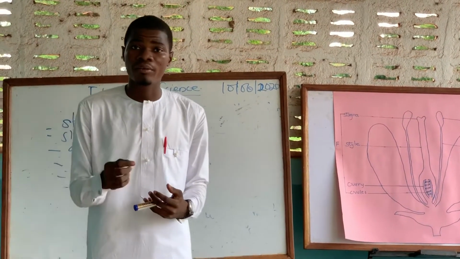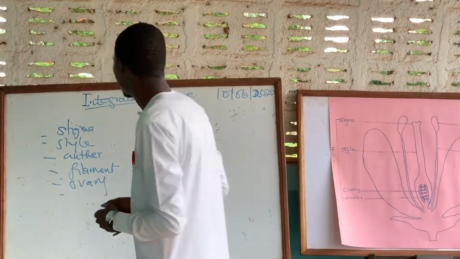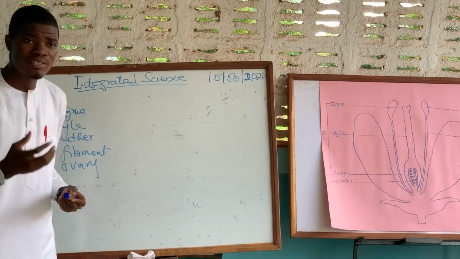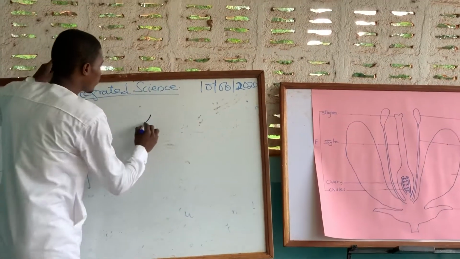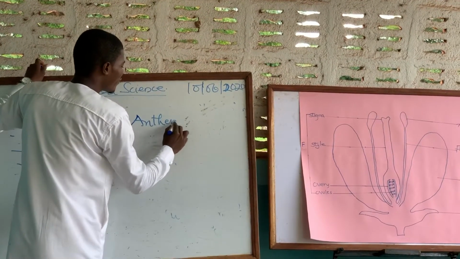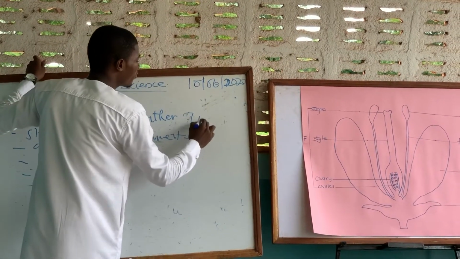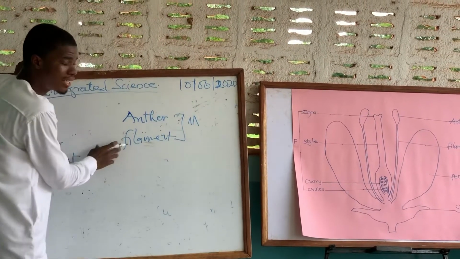Just as in humans, we have the male and the female parts of the flower. The male parts of the flower consist of the anther and then the filament. Say after me, the male part consists of the anther and then the filament.